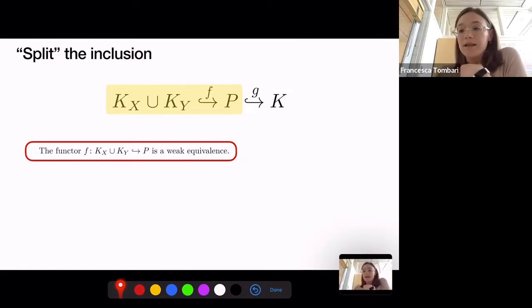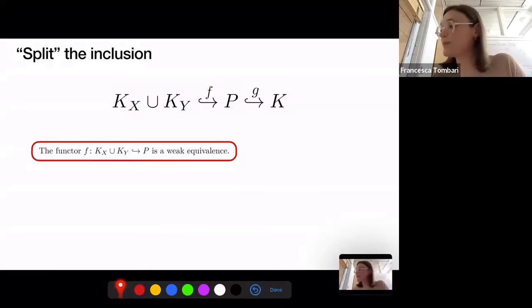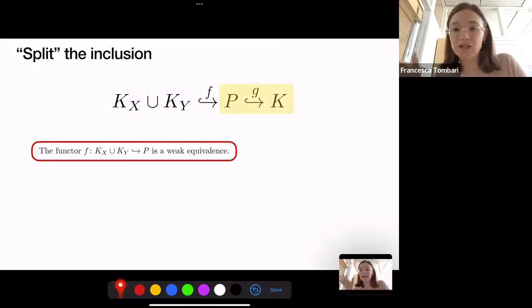What does it mean? In other words, it means that if there is a difference in the homotopy type between K and its data-driven decomposition, it is not encoded into F, because F preserves the homotopy type of the data-driven decomposition and P. So the whole difference must be encoded in G, the other inclusion map.